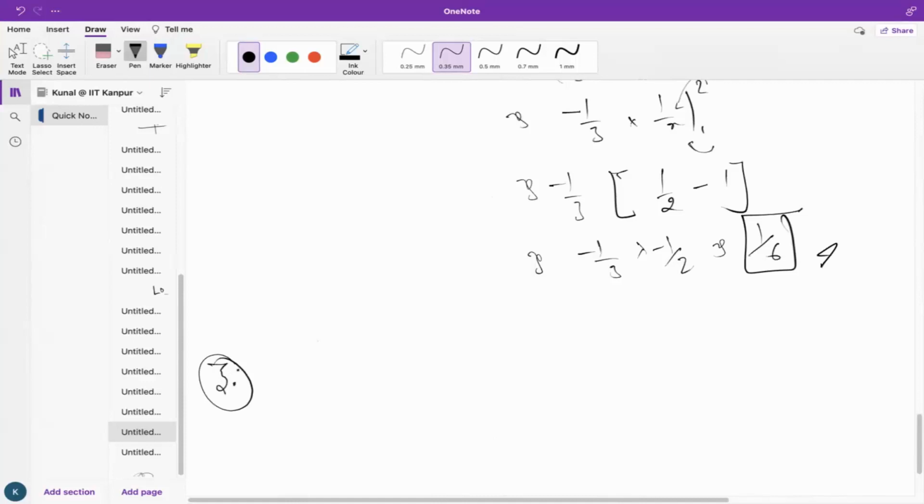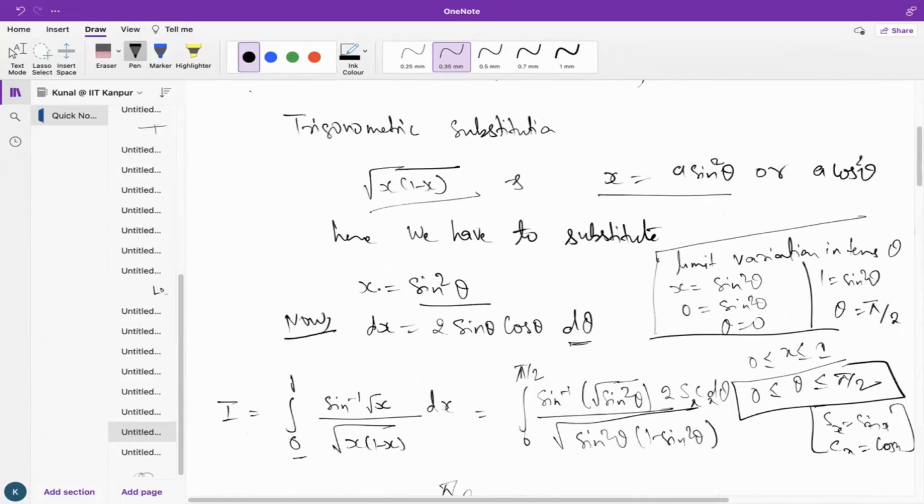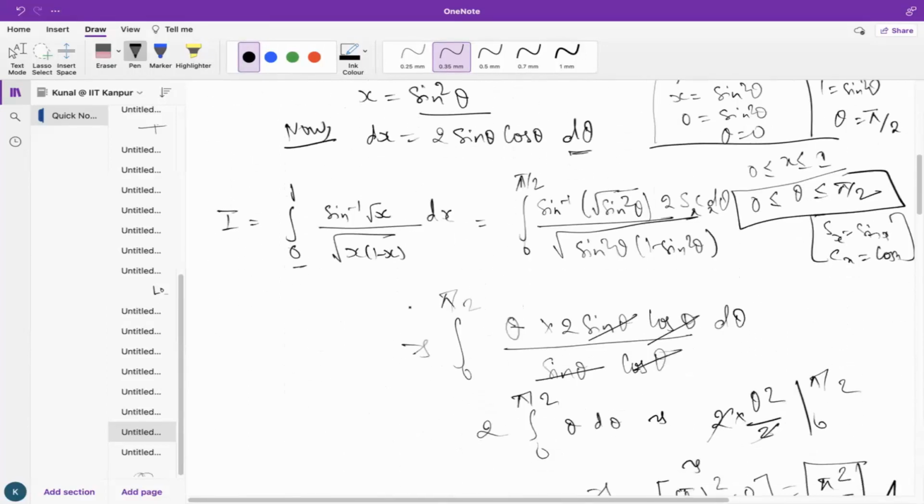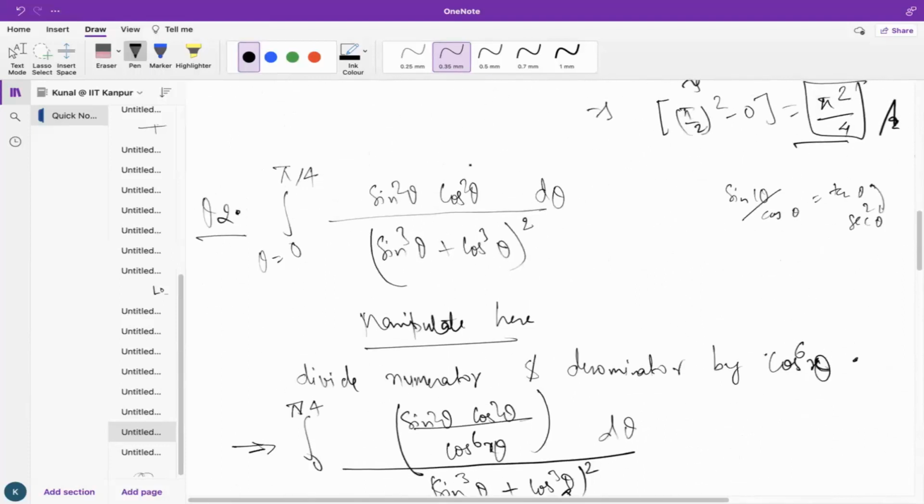Here, one thing to notice: if we write this integrand as I, it is a function of x only. If this is our I, we are actually integrating in terms of theta. So this is a function of theta only, right?